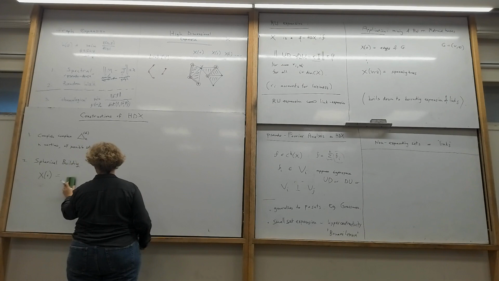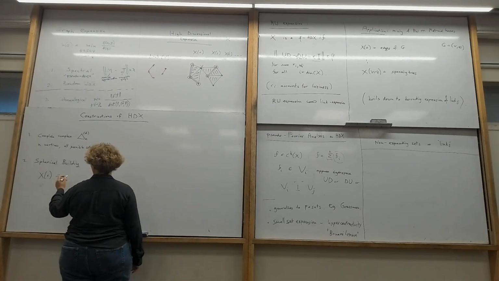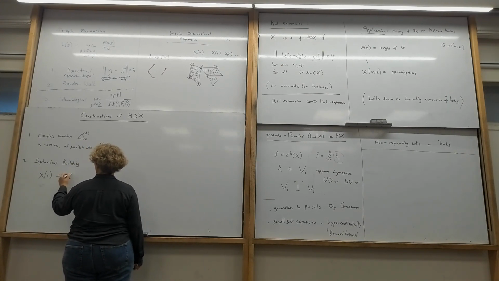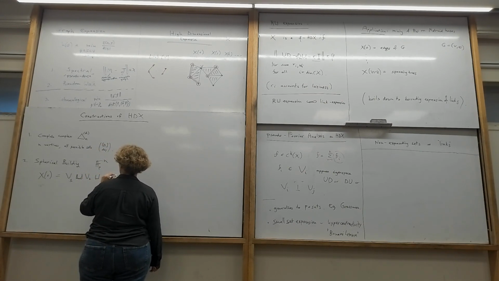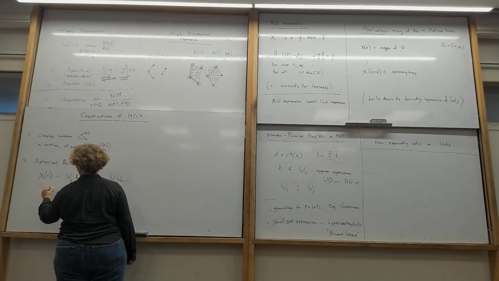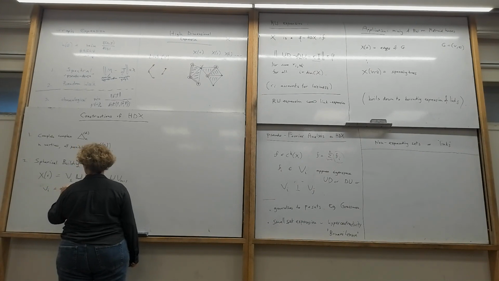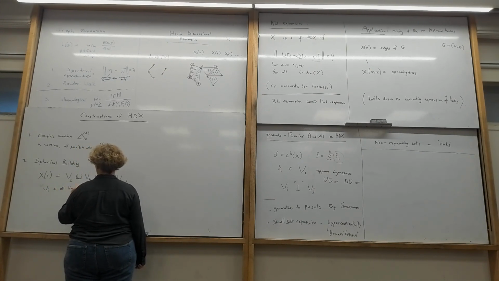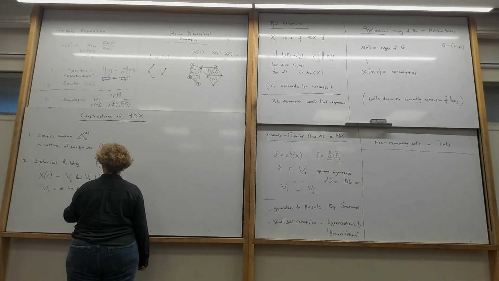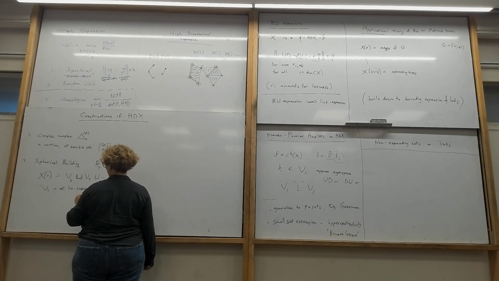The colors correspond to the dimensions, so it's V_1 union V_2, a disjoint union up to V_{m-1}, where the V_i are all linear subspaces of dimension i, subspaces of F_p to the m.